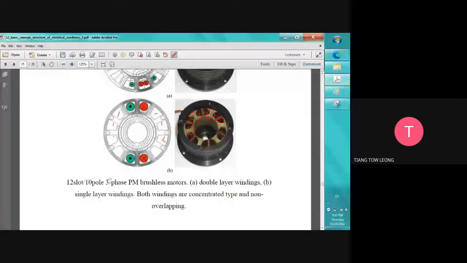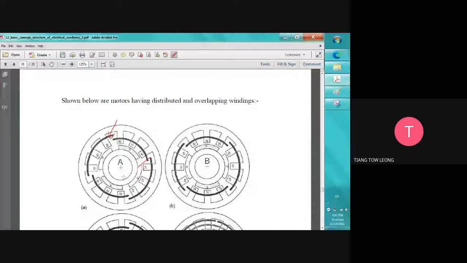Now this one is different, across many teeth. We go in, then go to the back and come out, then again. So this one is called non-overlapping winding.